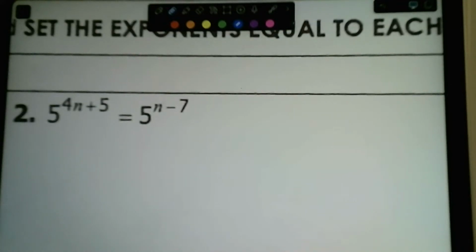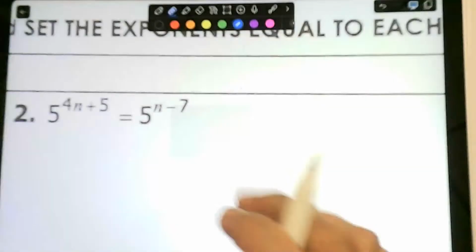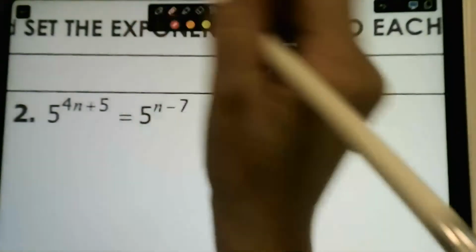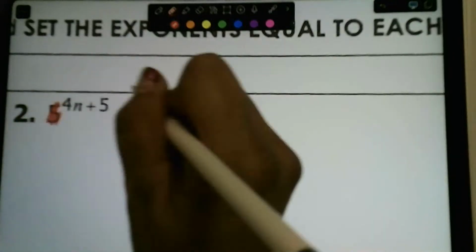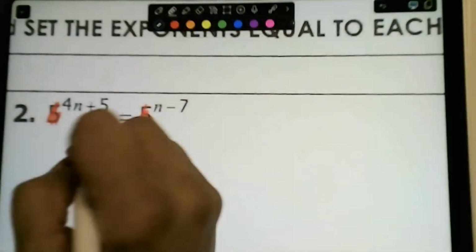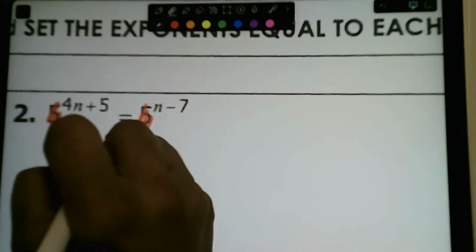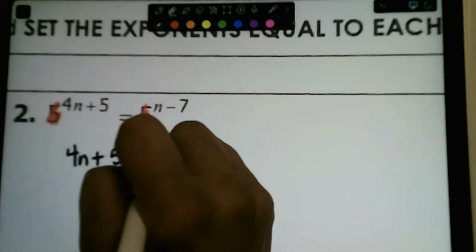Step 2, we make sure that each side of the equation is written with only one base and that those bases are the same. Do we only have one base on the left side? Yes, that base is 5. Do we only have one base on the right side? Yes, that base is 5. The bases are the same. Since the bases are the same, you can essentially ignore the bases and rewrite this equation as just the exponents.